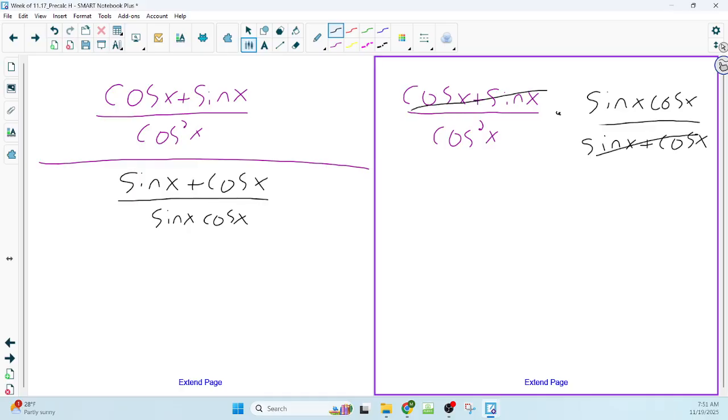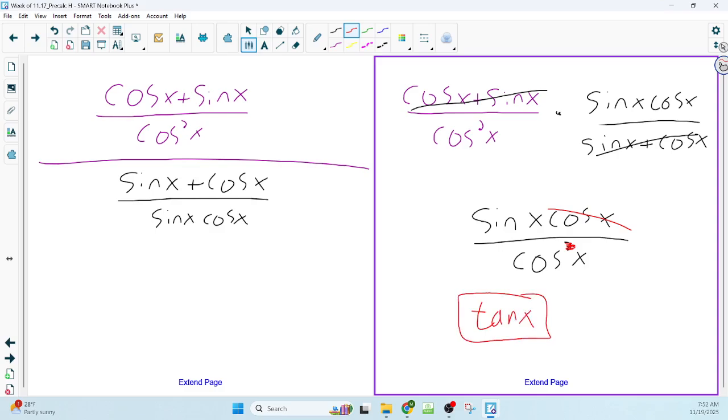Cancel, cancel. Those are the same. And you could probably cancel this cosine, but let me show you without skipping a step. And that will cancel. And we just have sine of x over cosine of x, which is simply tangent of x.